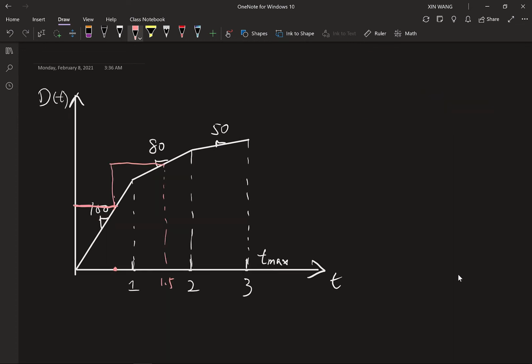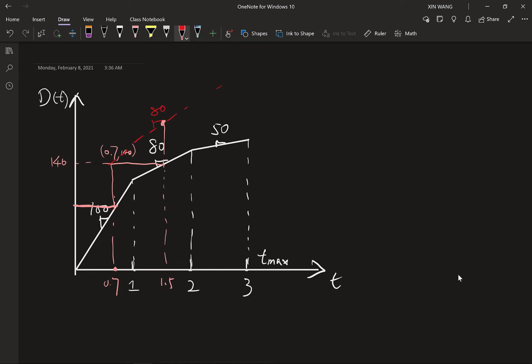Okay, and then we can consider the next jump. In the next jump, remember this is 140, this is 0.7, so this point is 0.7, 140, and then we need to draw a parallel line with gradient 80, and then find the intersection here.